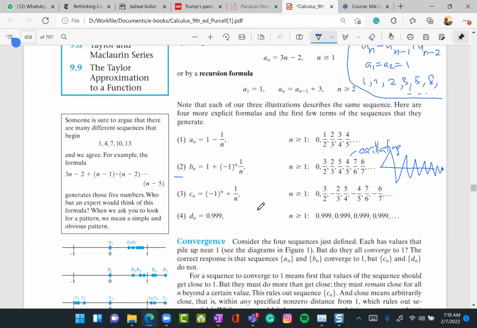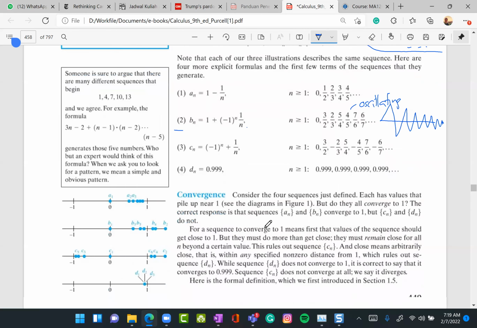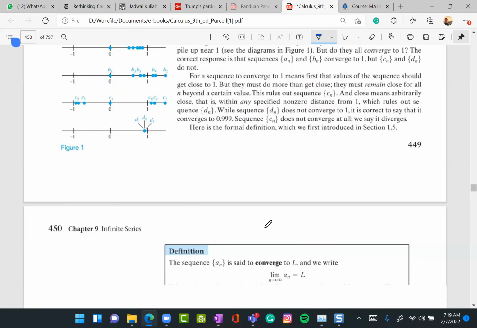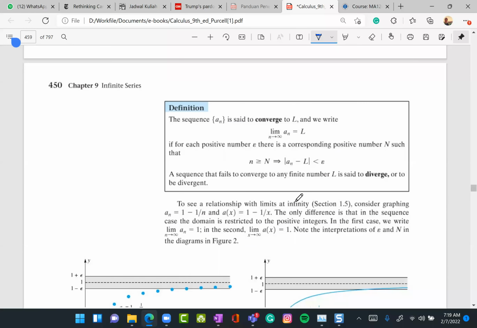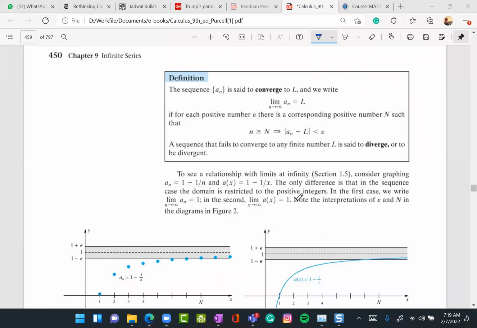Okay, so convergence is about limits. A sequence converges to a number L if L is the limit. The question is, how do we compute the limit for this discrete thing, a sequence? We used to compute limits for functions.